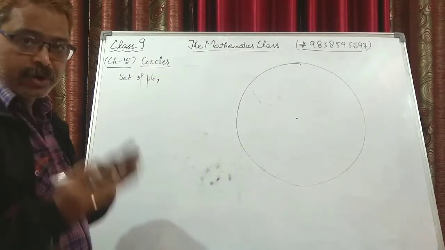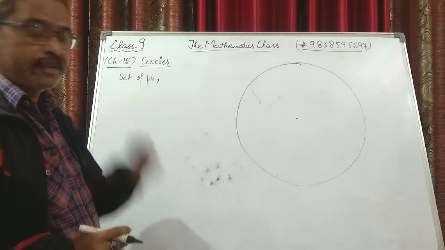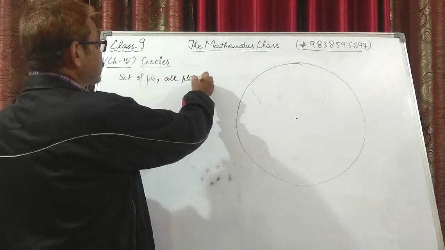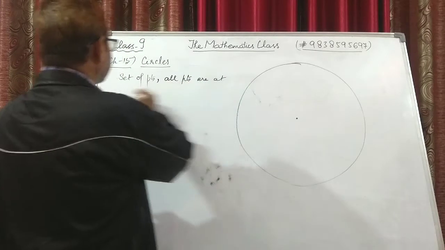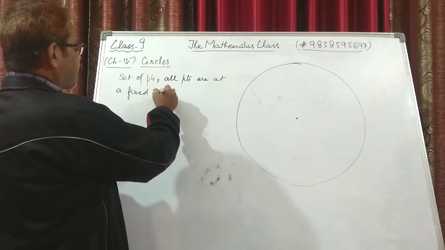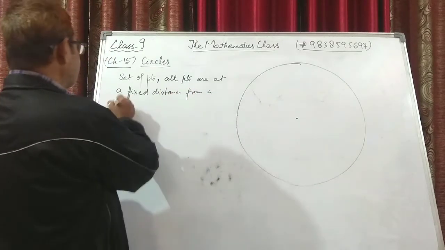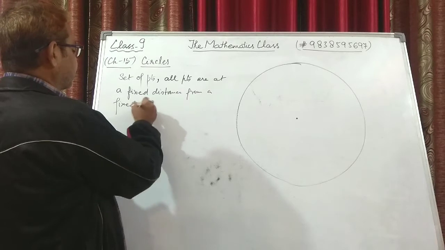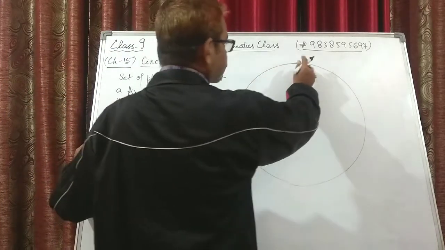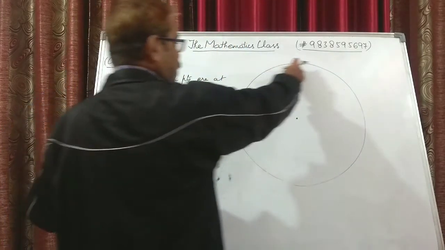All the points are at a constant or a fixed distance from a fixed point. Set of all the points, all these points which lie on this line or on this curve.